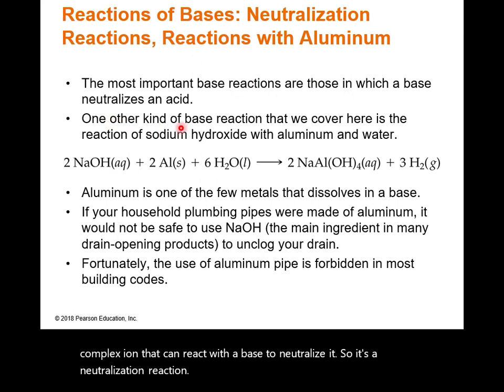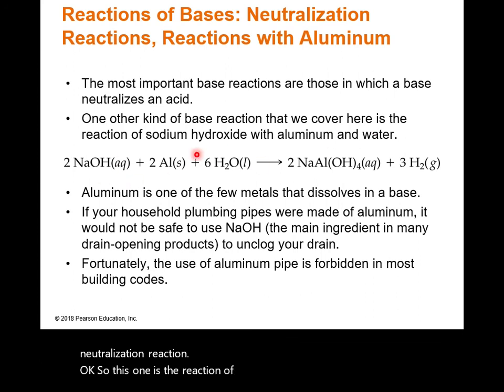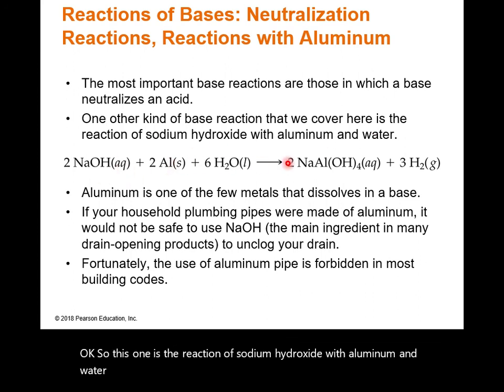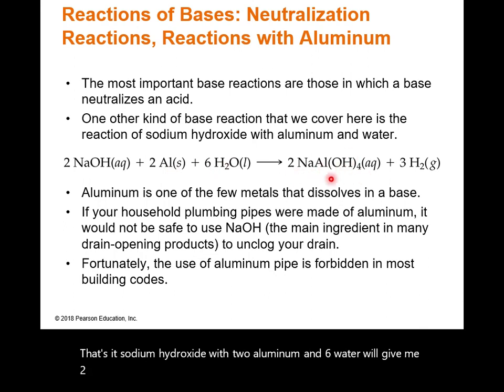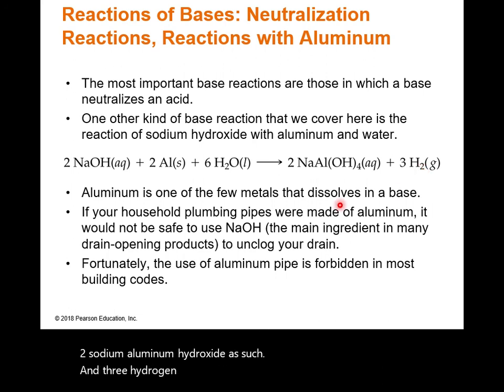This one is the reaction of sodium hydroxide with aluminum and water, and that is the only reaction I want you to know when it comes to aluminum. That's it. Sodium hydroxide with 2 aluminum and 6 water will give me 2 sodium aluminum hydroxide as such, and 3 hydrogen gas. It's one of the few metals that actually dissolves in a base, so just use it.